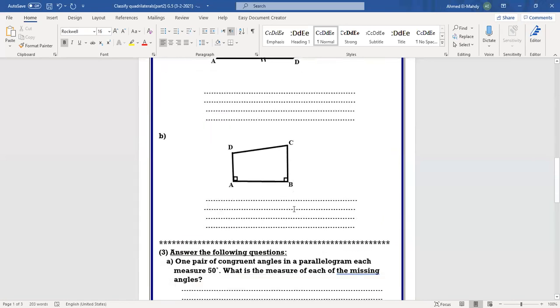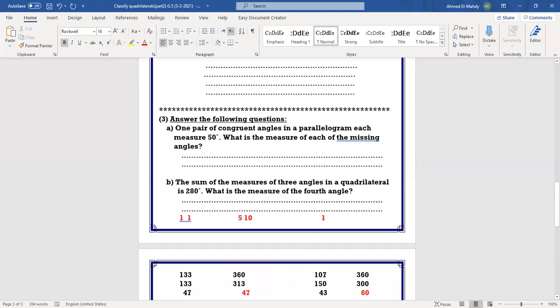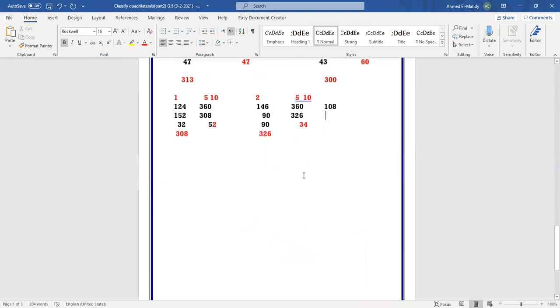Right, we add first 108, 128 and 72. 8 plus 8 is 16, plus 2 is 18, 8 carry up 1. 1 plus 0, 1 plus 2, 3. 3 plus 7, 10, 0 and carry up 1. 1 plus 1, 2, plus 1, 3. 308, we did before.